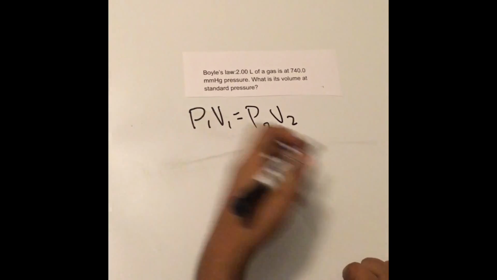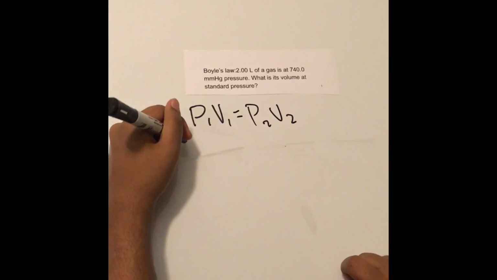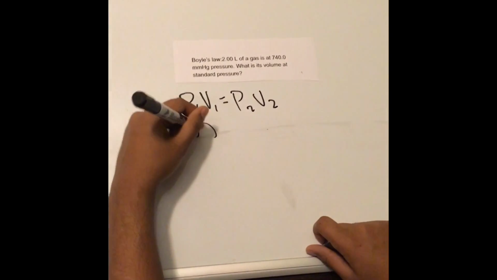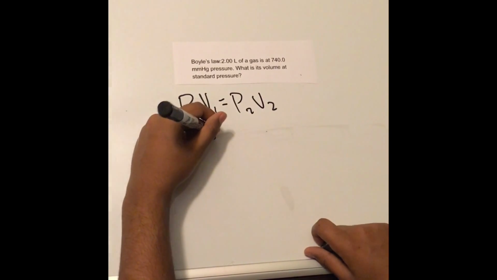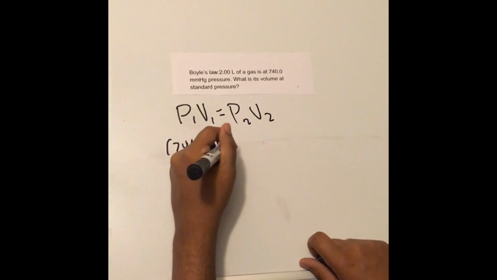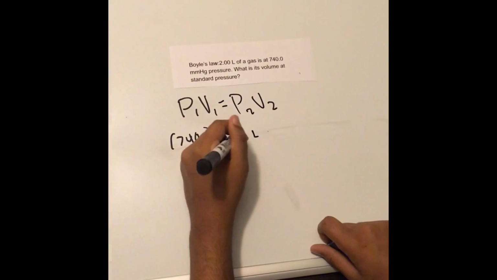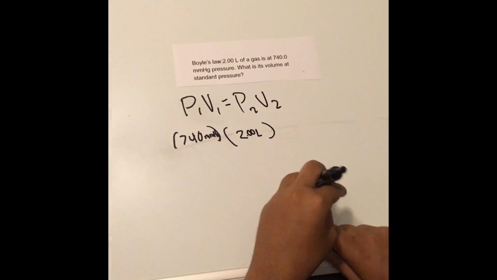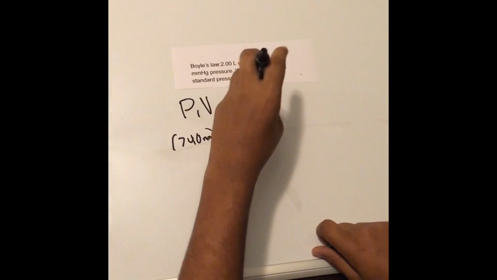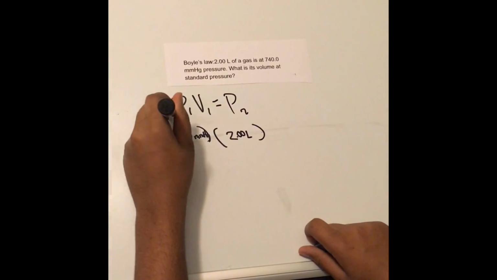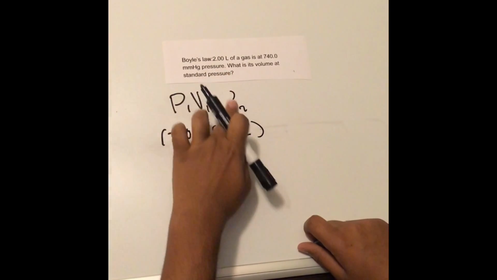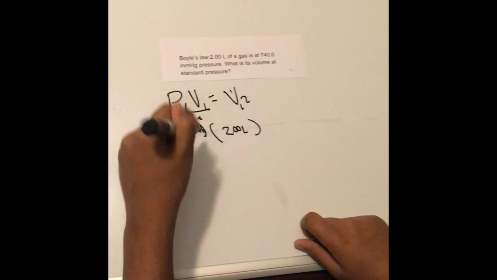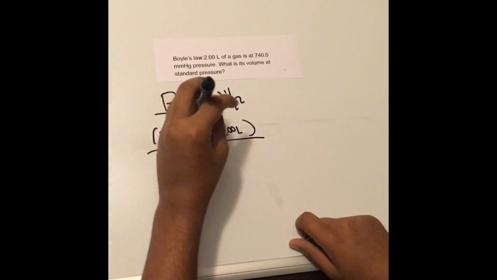Now we can start plugging in what we have in the question. So for pressure 1, we have 740 mmHg. Then we have 2 liters. And we have to find out our volume. So we're going to move our pressure under the P1 V1.